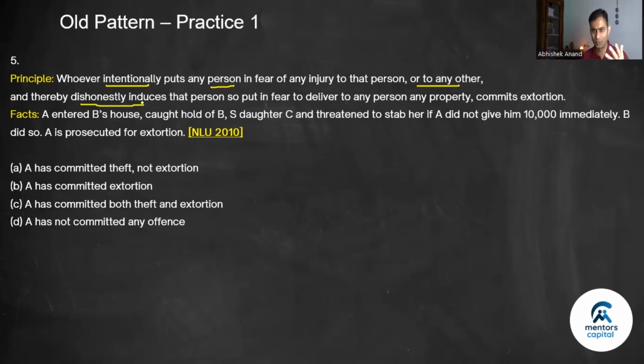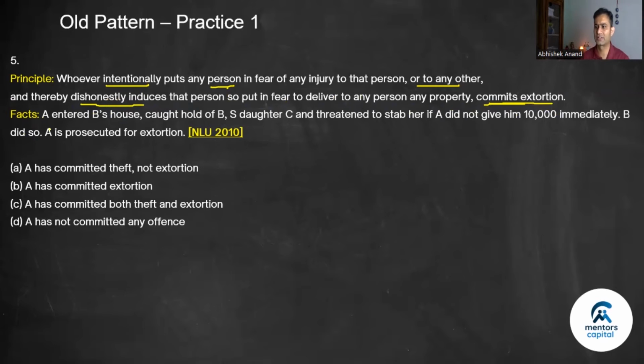So intention is there to put any person in fear of any injury to that person or to any other, and thereby dishonestly induces that person so put in fear to deliver to any person any property, commits extortion. Okay? If you intentionally and dishonestly induce someone to give you something, some property, then you would have committed extortion.